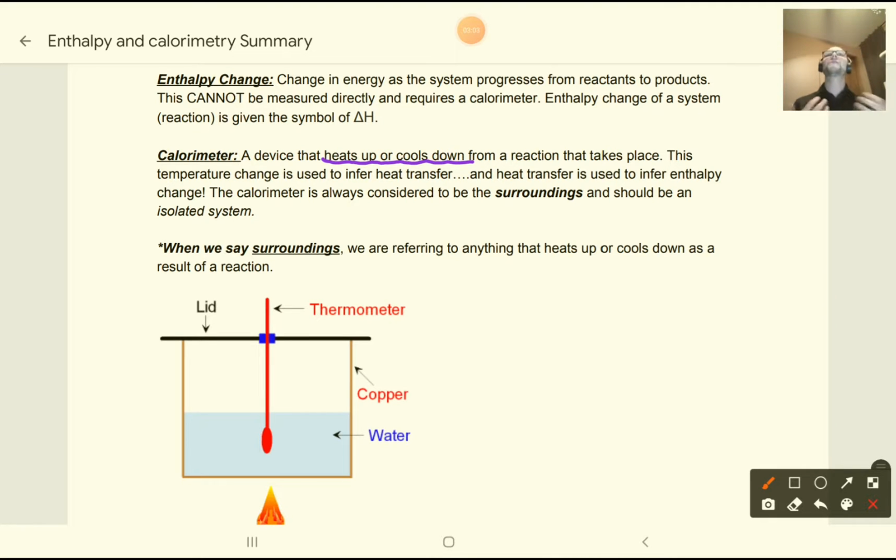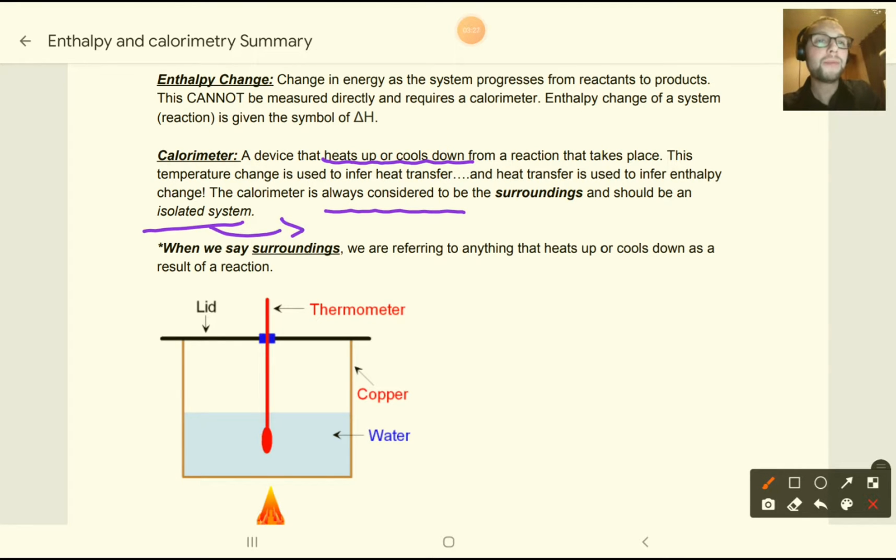What we mean by inferring is that we're going to rely on the principle of conservation of energy to allow us to get the enthalpy change of the system. Heat transfer is used to infer enthalpy change. The calorimeter is always considered to be the surroundings, and it should be an isolated system.